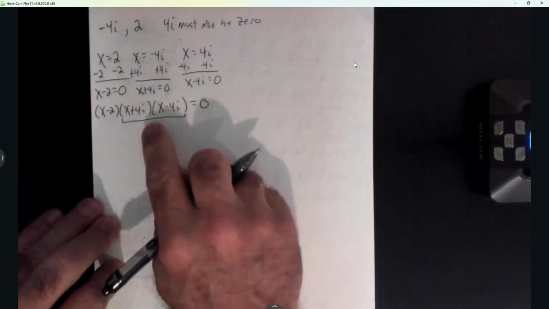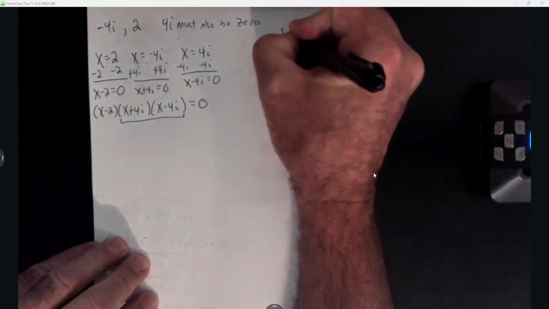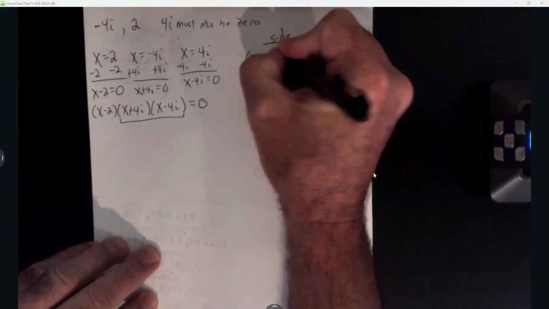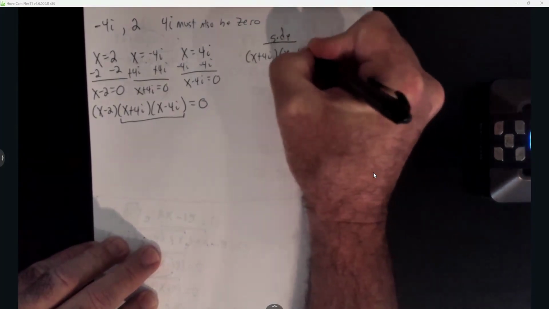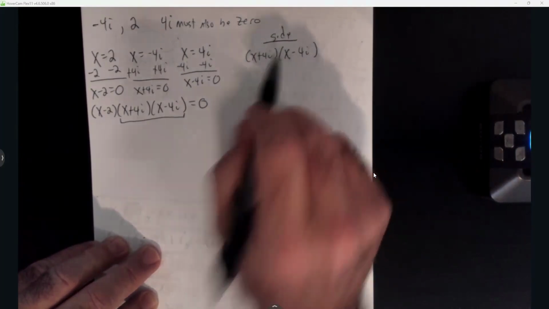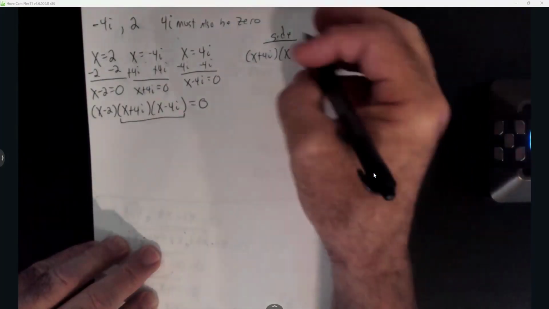Since I put these two together, I did that for a reason, because I want to start with them two when I'm FOILing, okay? All right, so let me do that on the side. X plus 4i times x minus 4i. Now remember, these are conjugate pairs, so the I stuff is going to disappear in a second.